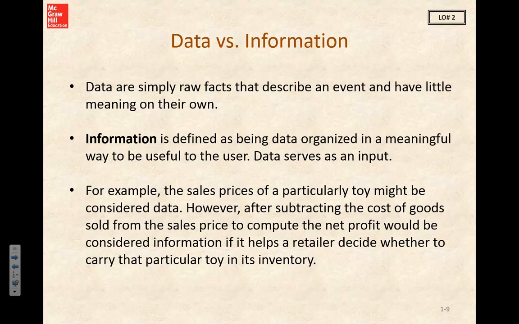For example, the sale price of a particular toy might be considered data. However, subtracting the cost of goods sold from the sale price to compute the net profit would be considered information if it helps a retailer decide whether to carry that particular toy in its inventory.